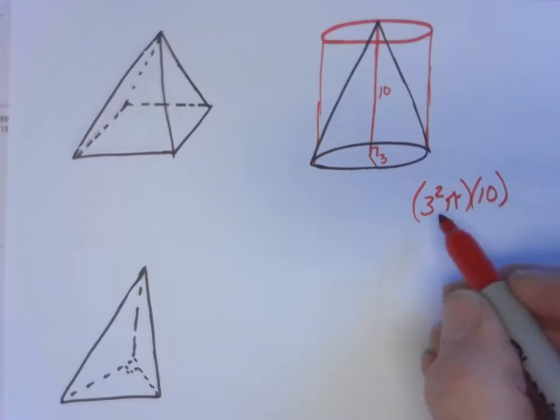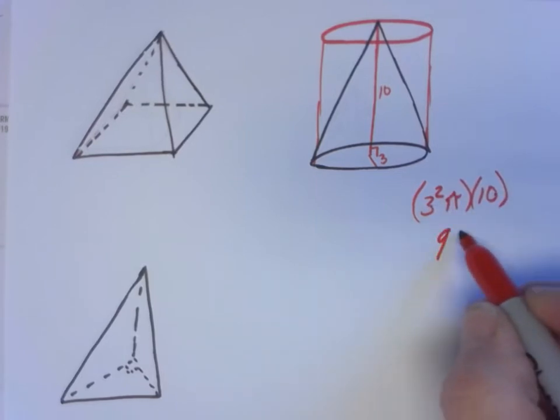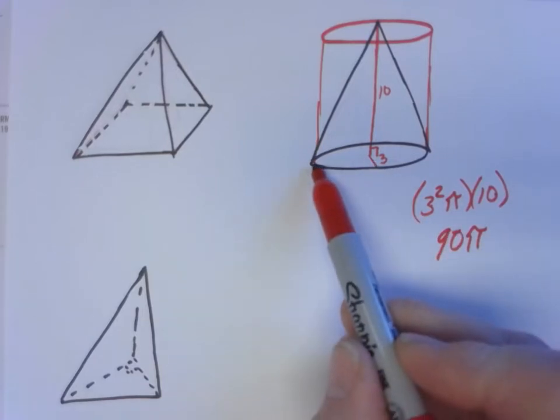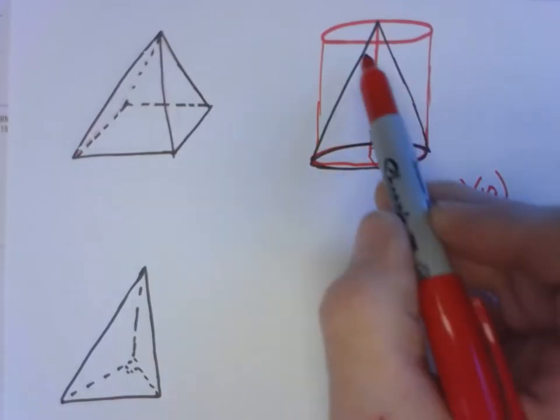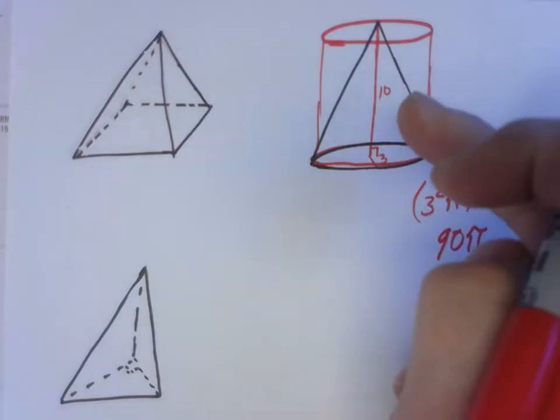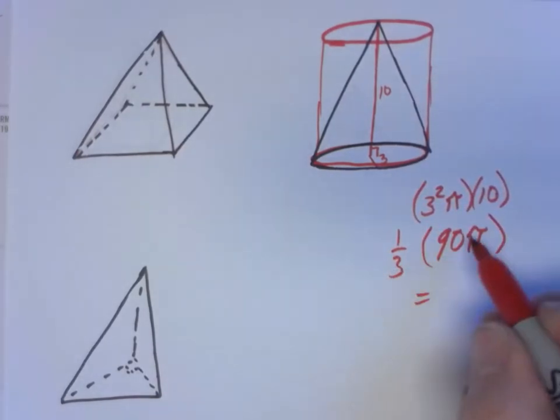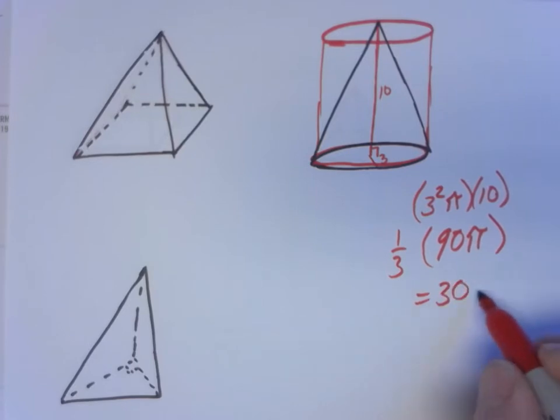So we have 9 times 10, or 90 times pi. This is the volume of the circular cylinder, the whole circular cylinder. The volume of the cone is just 1/3 of that. And of course we can do 1/3 of 90, 30 times pi, and that would be cubic units.